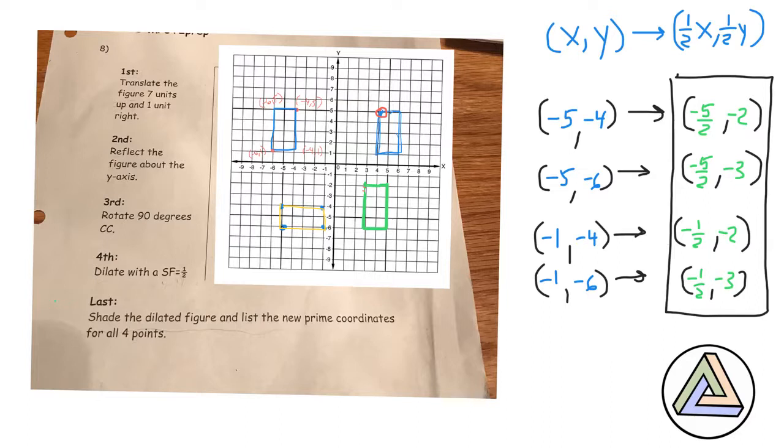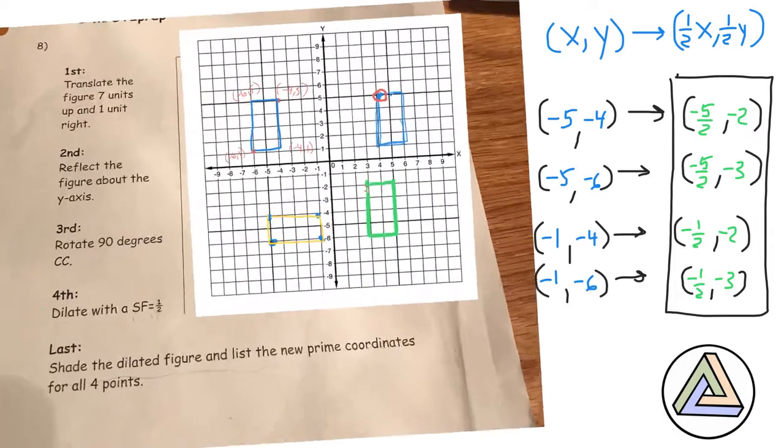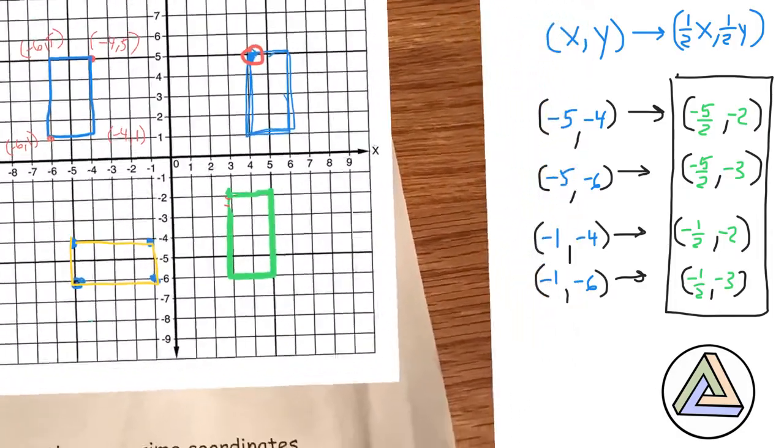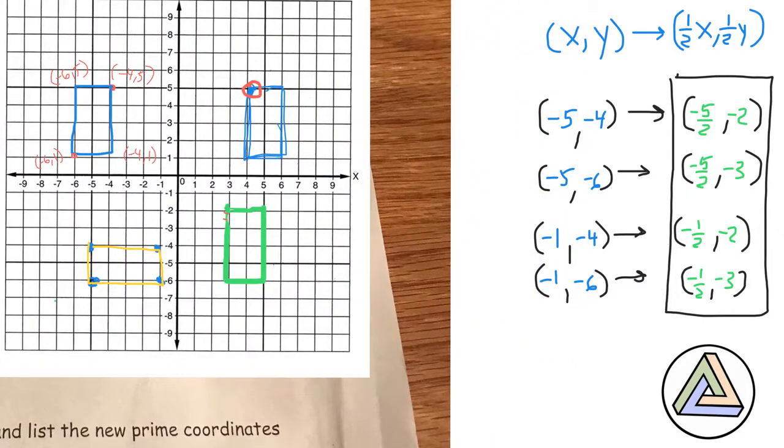Now let's get very clear. In decimal land, negative 5 over 2 is really negative 2.5. And in decimal land, negative 1/2 is really negative 0.5. So we're going to plot this now. Let's take a look. We'll do it in red.